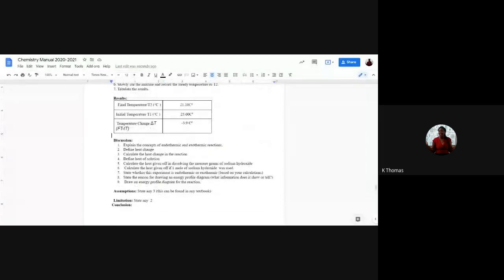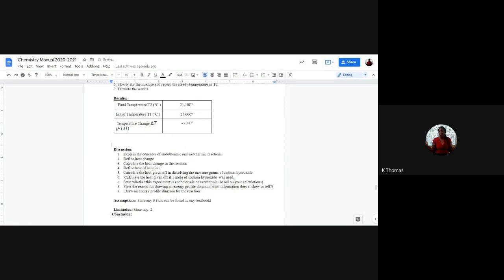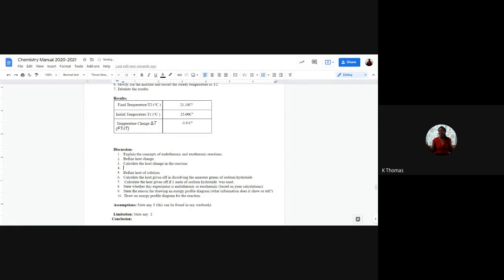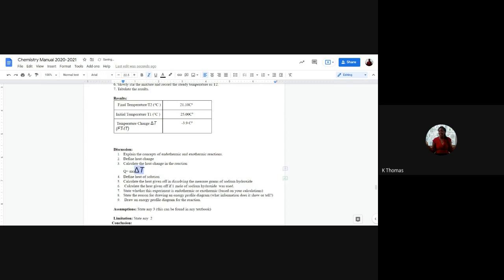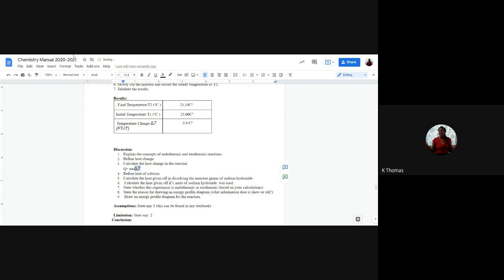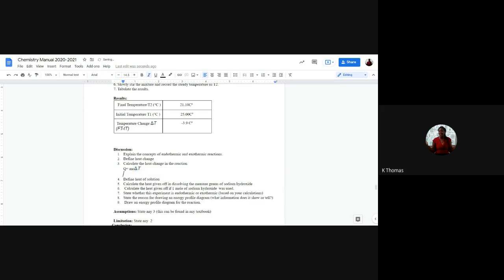Now I need to calculate the heat change in the reaction, and the heat change is Q equal to mc delta T. So my heat change is mc delta T. So I'm going to write down what m is. m is the mass of my water.